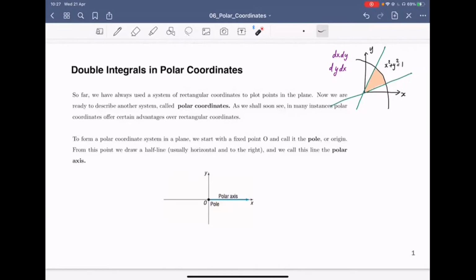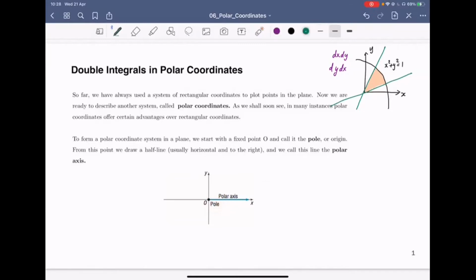For polar coordinates, compared to the rectangular coordinates that you have, you're going to have the origin point, which is called the pole. This is the same thing as the origin.